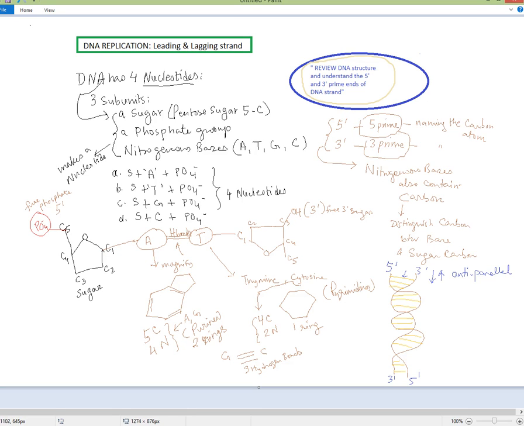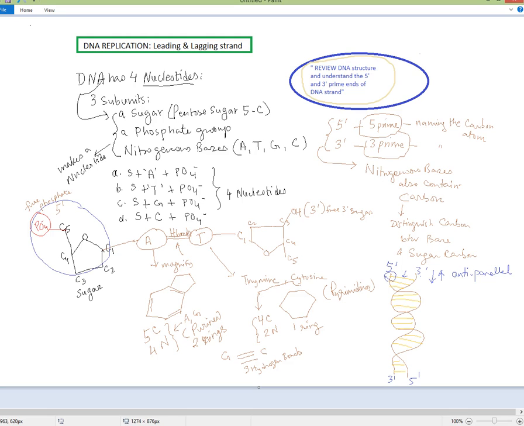Now this end is called the free phosphate end, and this end is called the carbon 3 sugar free end. So why do we call it that way? If you look at the bonding and the structure I have drawn right here, this is the 5.